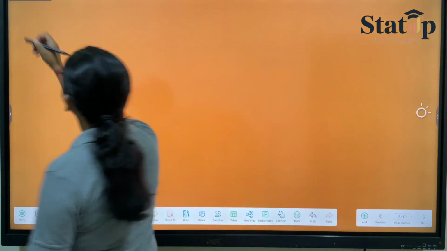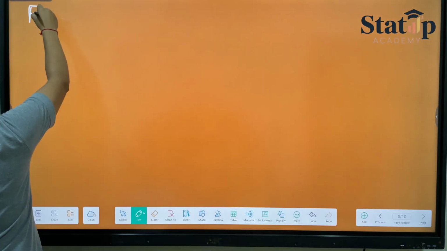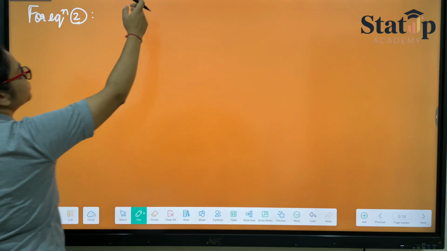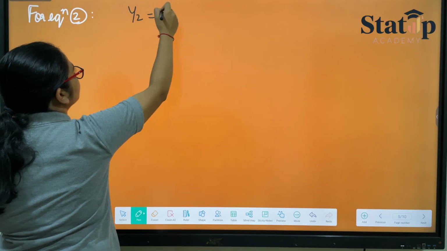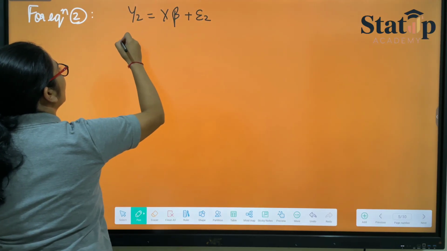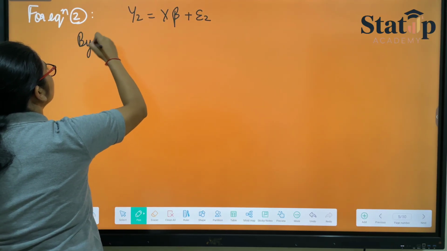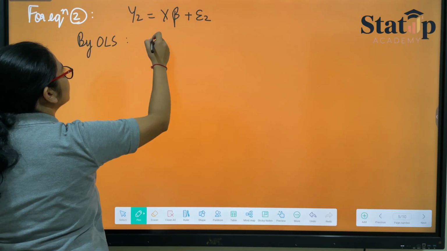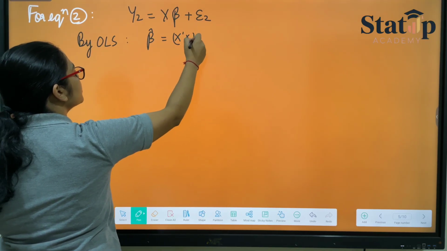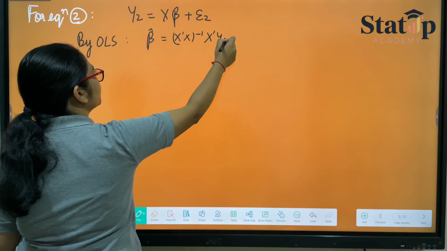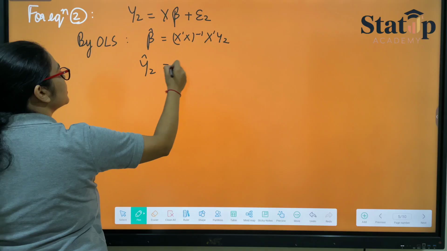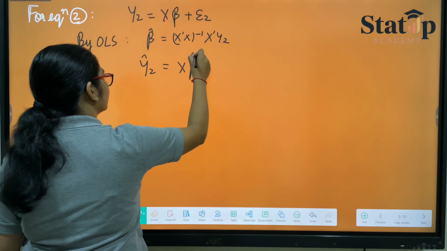Similarly for equation 2 and 3. For equation 2, y2 equals x beta plus epsilon 2. Now by OLS again, beta cap is nothing but x dash x inverse x dash y2, and the predicted value of y2 is x beta cap.